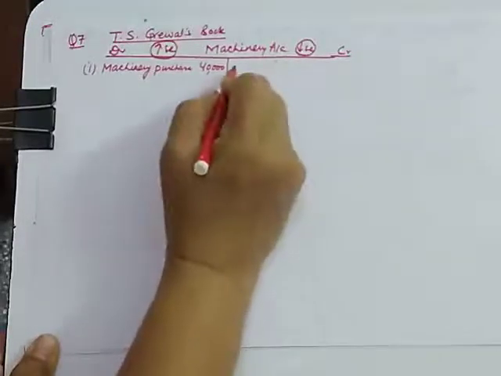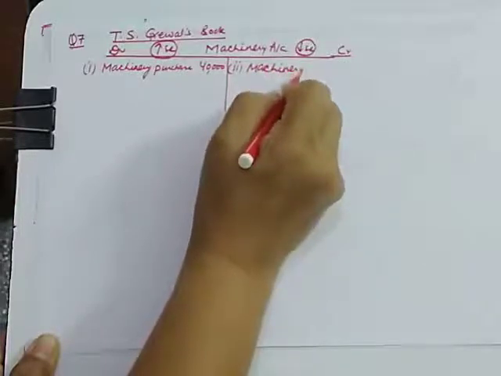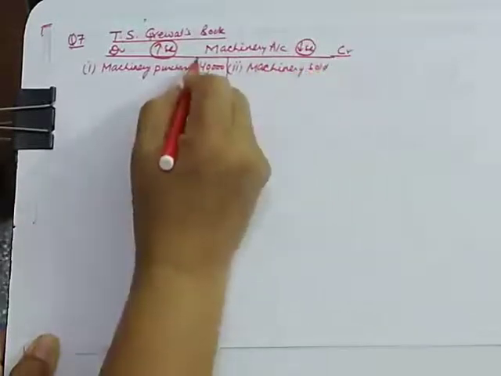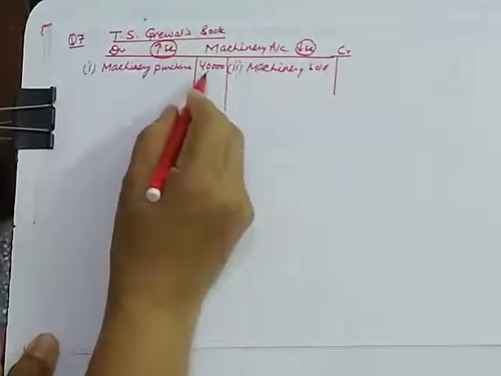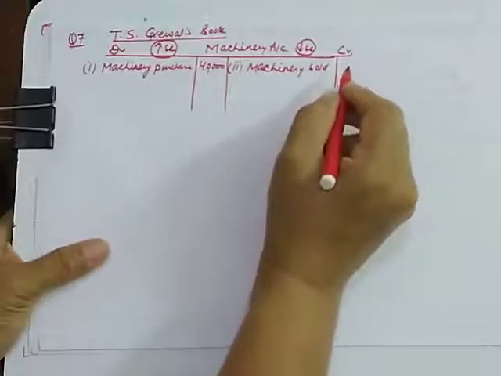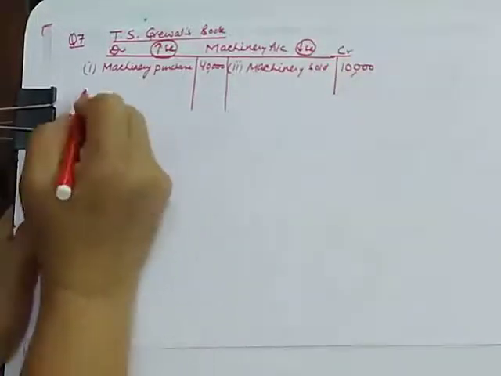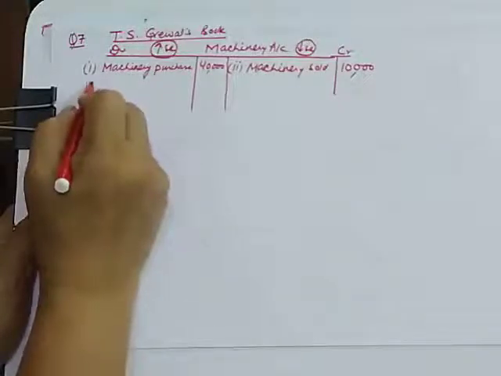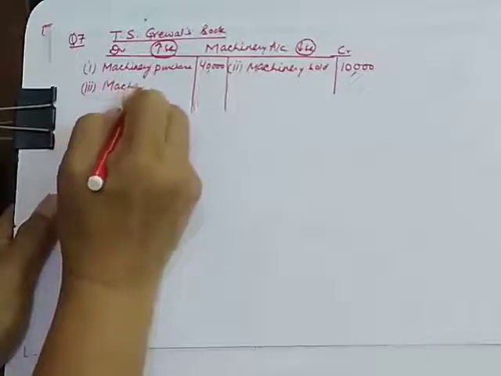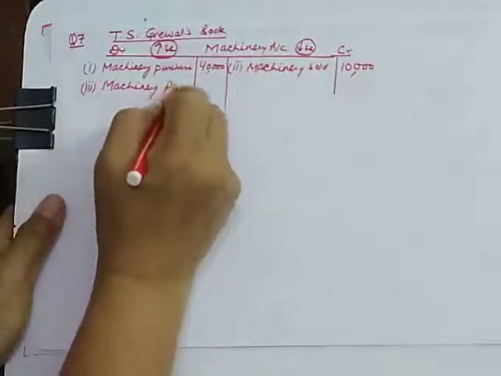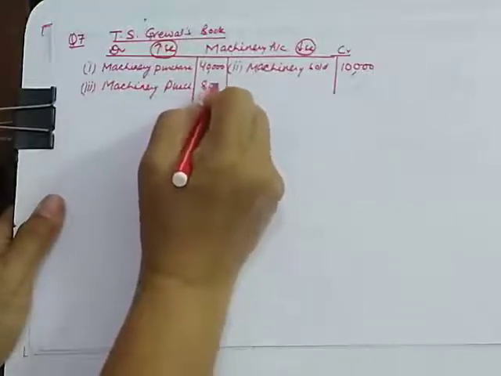Machinery sold will decrease this. So second is machinery sold. If you wish, you can draw a line here just to differentiate the headings and the amounts. Machinery sold is 10,000. Next, machinery purchase. Again you purchase machinery in the third transaction, and this time you are buying machinery for 8,000.